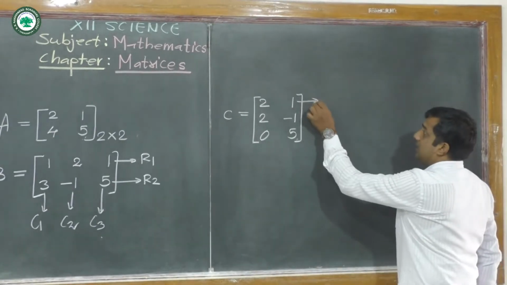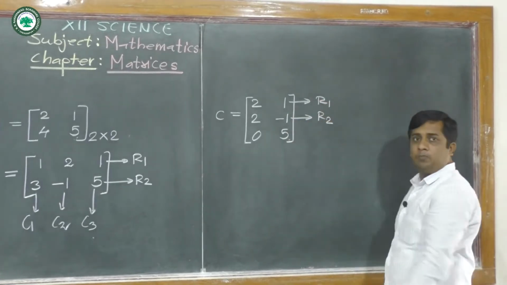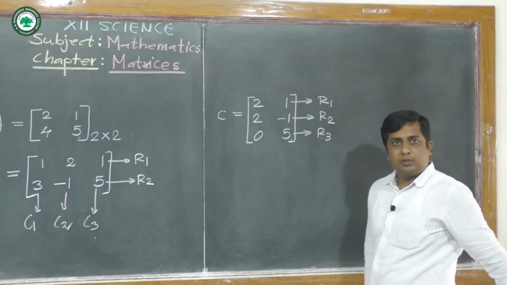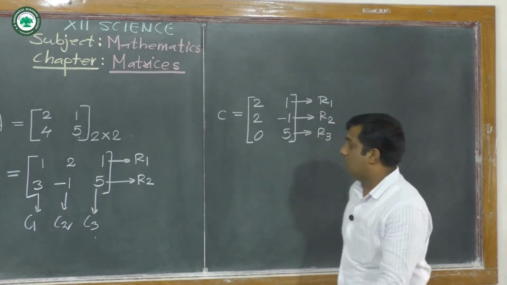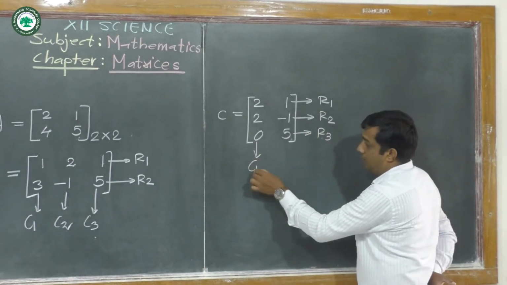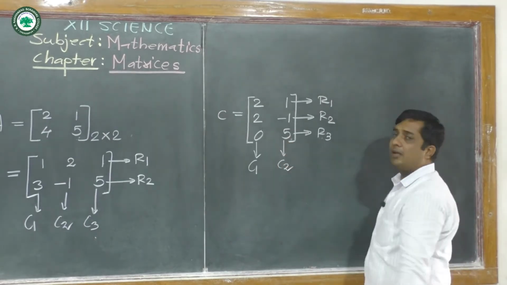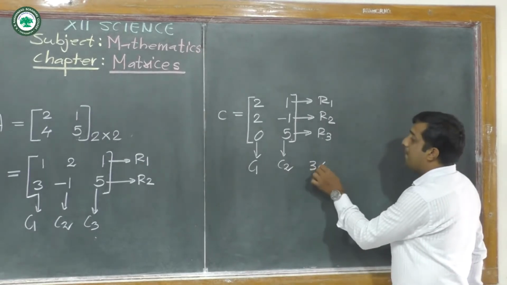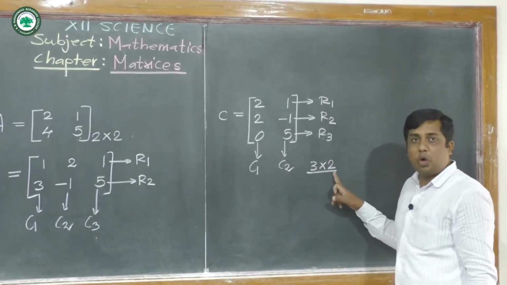This is our first row, this is our second row, this is our third row. Then we consider total 2 columns. This is our column first, then this is our column second. So the order for this matrix is 3 by 2, that is 3 rows and 2 columns.